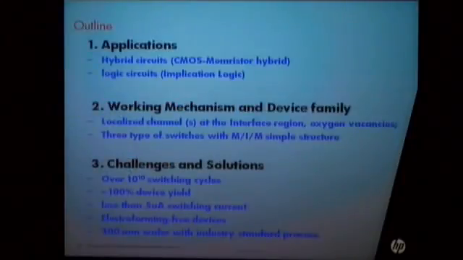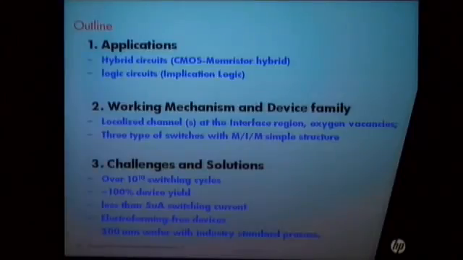And to summarize what I said, I demonstrated two new recent applications of the memristive device: a hybrid circuit and a logic circuit. I briefly talked about the switching mechanism, which involves a localized conductance channel at the interface region. It is oxygen vacancy drift responsible for the switching.